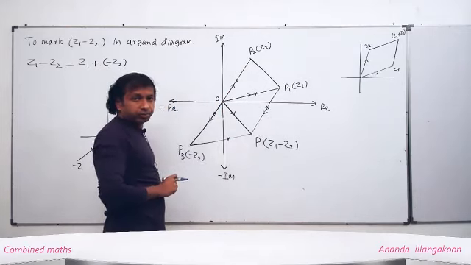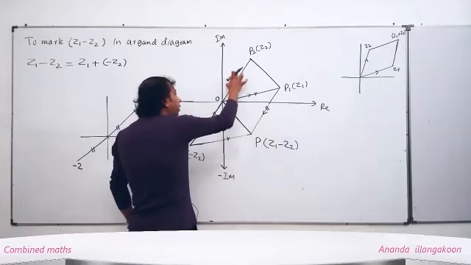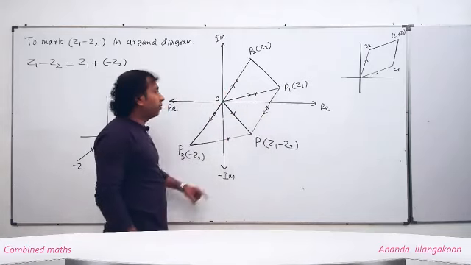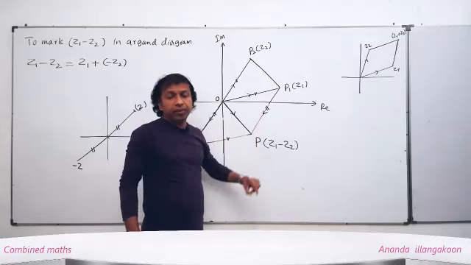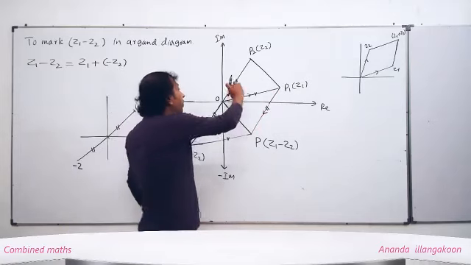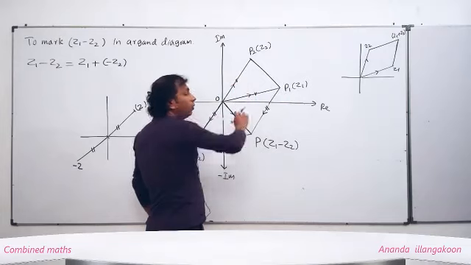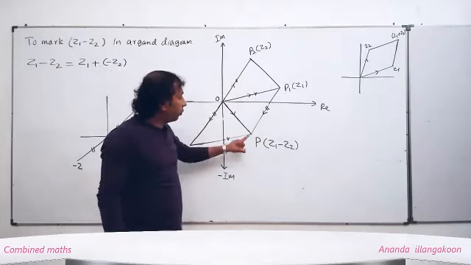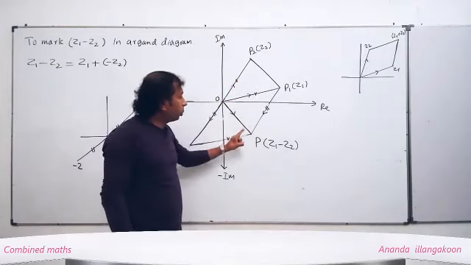So this and this are parallel, and this and this are parallel. Therefore, OP2 and PP1 are parallel. Not only that, the OP2 and PP1 lengths are also equal. Then OP2 is equal to PP1, and OP2 is parallel to PP1.